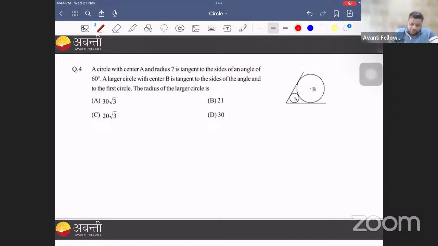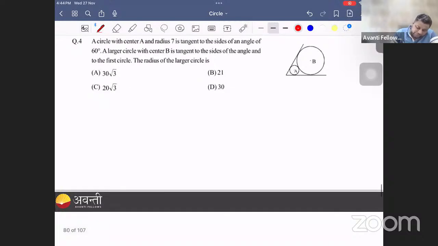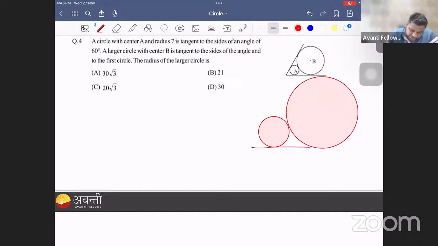Now, I have to make a better diagram first of all. One circle is this, say, another circle is this. Something like this is happening. Now they are tangent to an angle. One is this, and other is this.